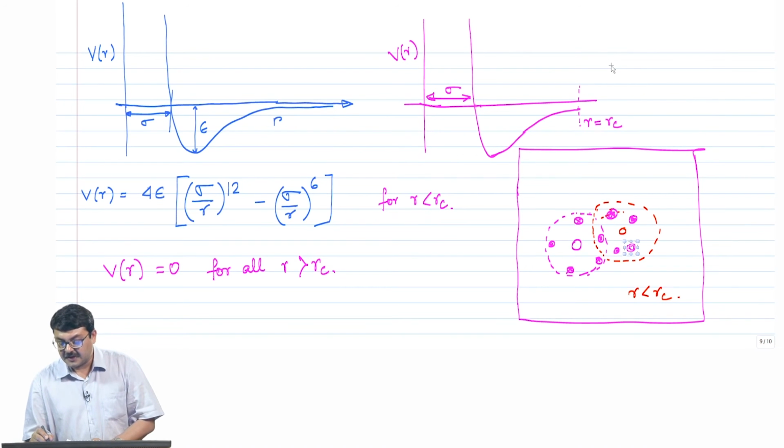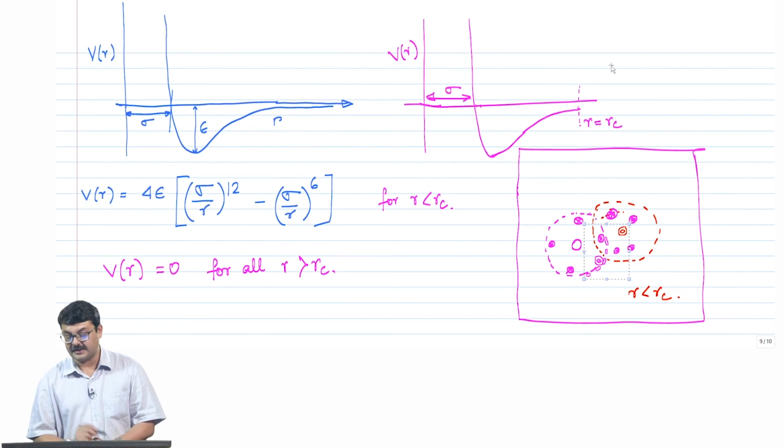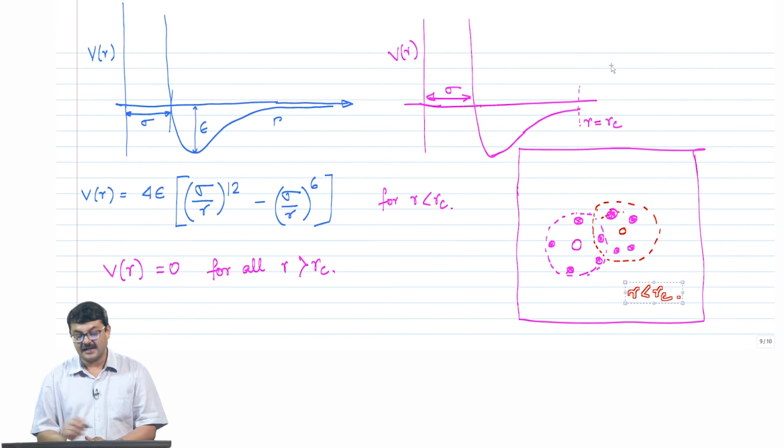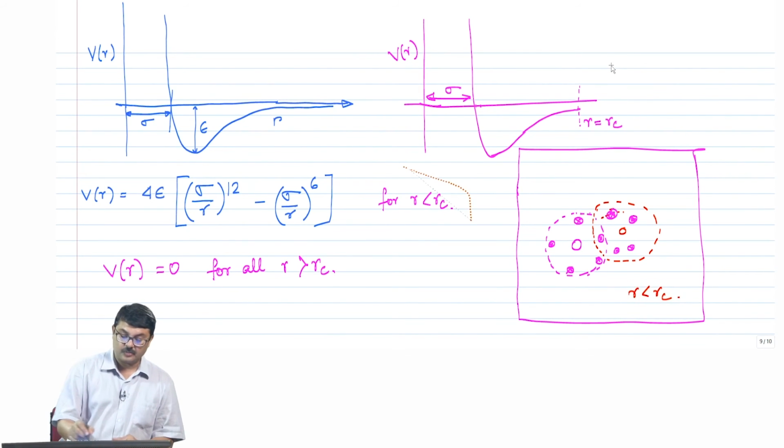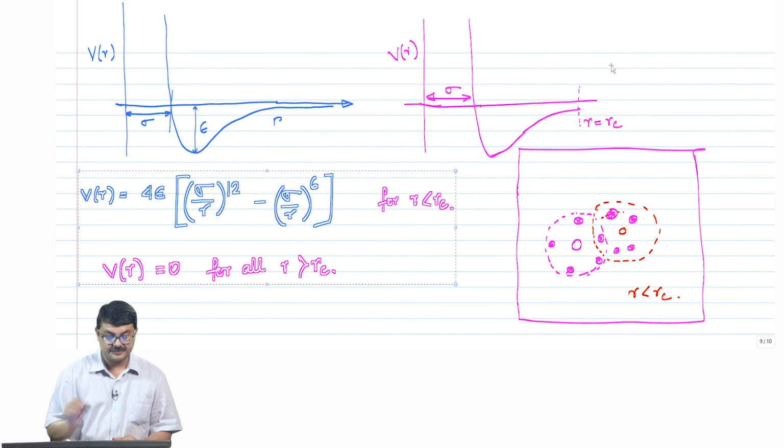Similarly, if you are interested to calculate the force for this red particle, all that you have to do is check which particles are within a distance less than R c and calculate the force for only those particles. So, basically the expression for the Lennard-Jones interaction gets modified to this.